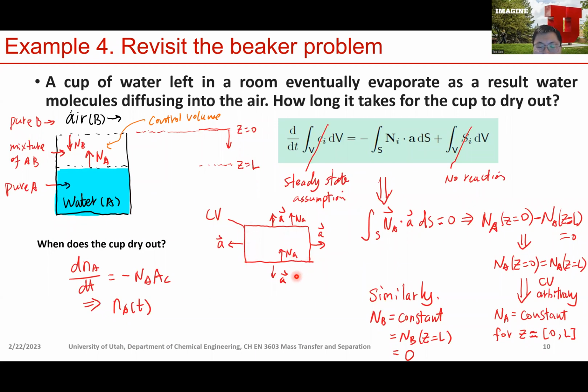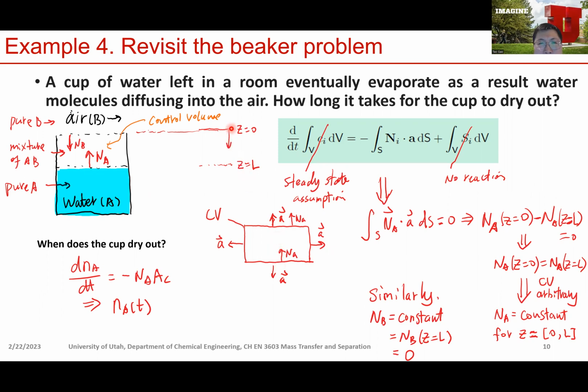The direction of the A vector on the four surfaces of the control volume are all pointing out. So now we can plug all the information into this equation. We can simplify it because there's no flux in the left and right surfaces, so there's only the top and bottom surface.